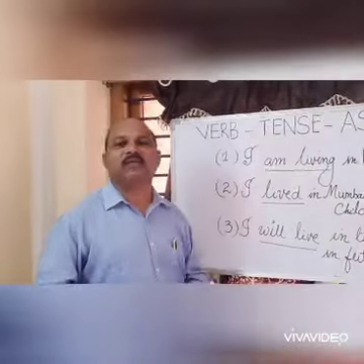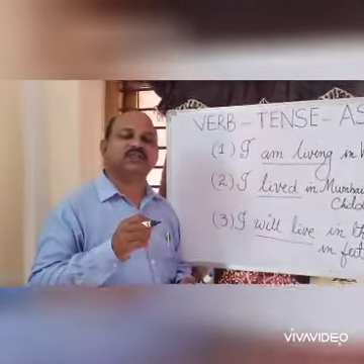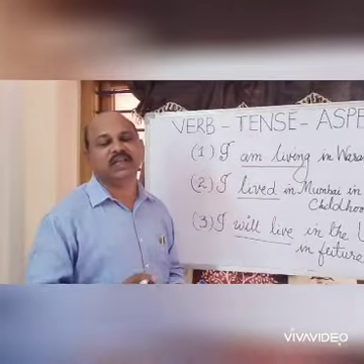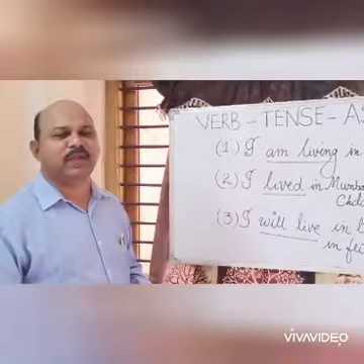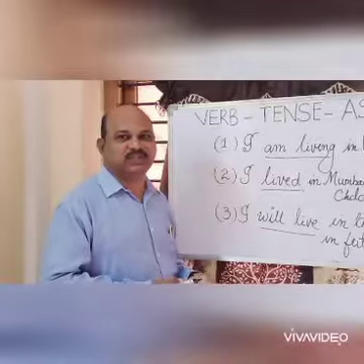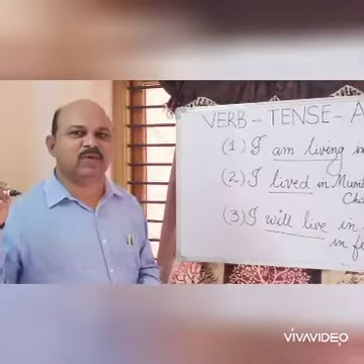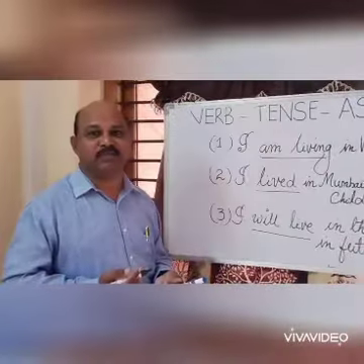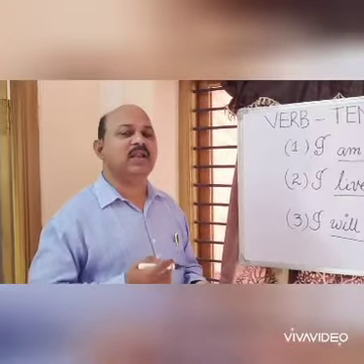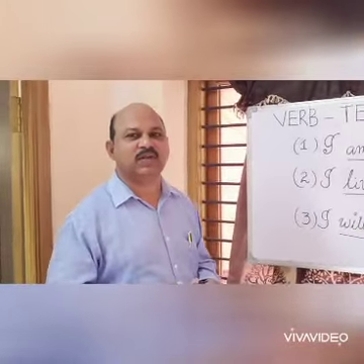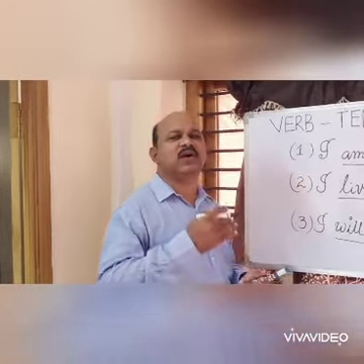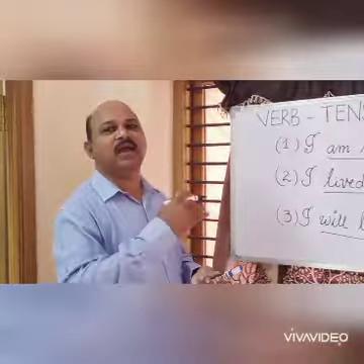In human life, we have classified the concept of time into three divisions. What is happening now, that we call the present. What happened some time ago in the past, we call it the past time. And what will take place in the future, we call it the future. So we have classified the concept of time into three ideas.